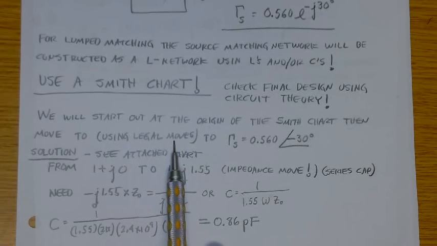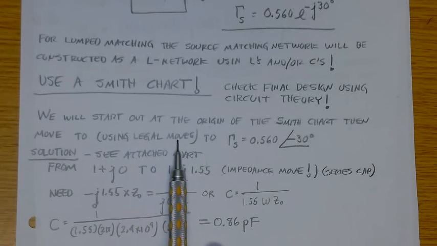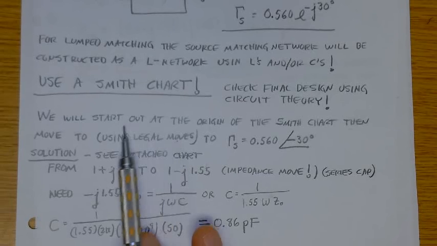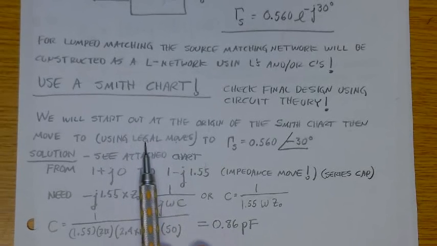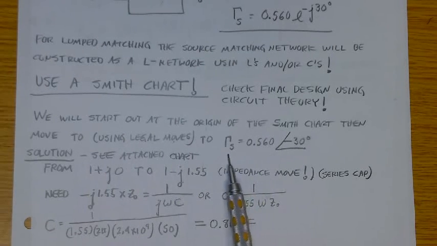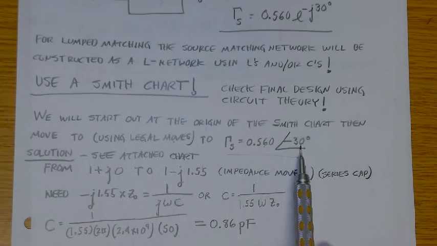You can't get off a constant resistance circle with an L or C. You can't get off a constant G circle with an L or C. Not possible. So that's what I mean by using legal moves. And then we need to start at the origin and we need to end up here, 0.56 at an angle of minus 30 degrees.